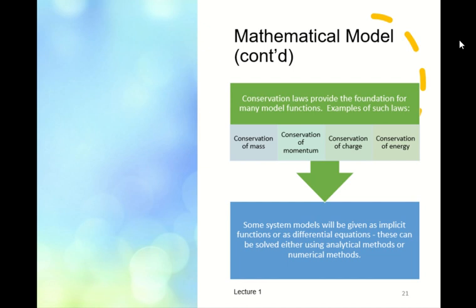So any model, any equation can be used as an implicit function like this, or it can be used as a derivative, a differential function. There are 2 ways to show any model or equation.